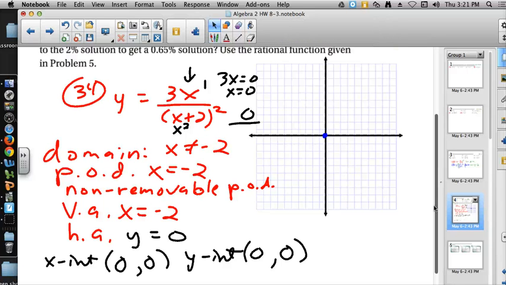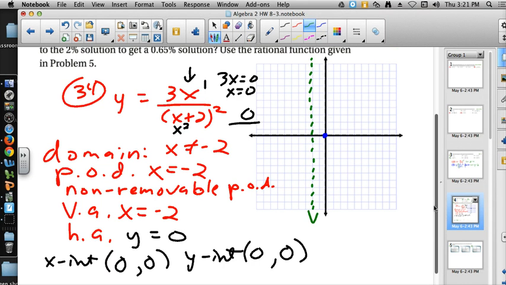We also know that we have a vertical asymptote at x equals -2. And our horizontal asymptote at y equals 0. Which kind of drives us nuts because we see, hey, there's a point over there at 0, 0 that's on that asymptote.